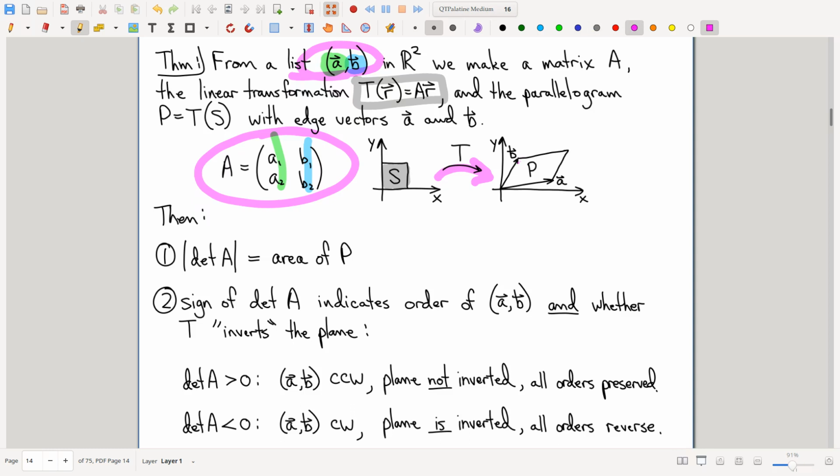Whatever this linear transformation is, what comes out will always be a parallelogram. So now again, I haven't made a statement yet. I'm still just setting stuff up. But the big takeaway here is when you have a list, you also have a matrix. You also have a linear transformation, and you've also defined a parallelogram. So you've really got 4 objects that are all connected to each other.